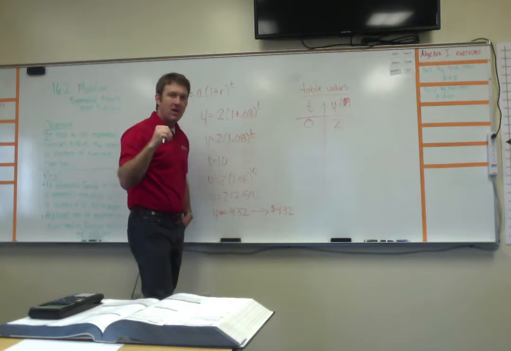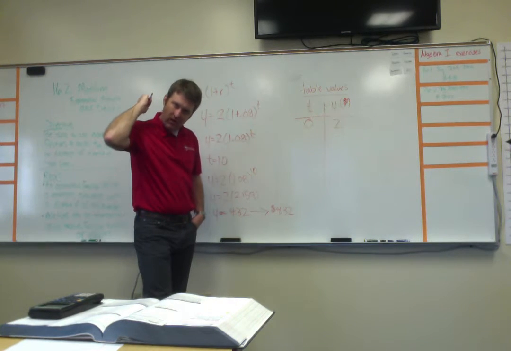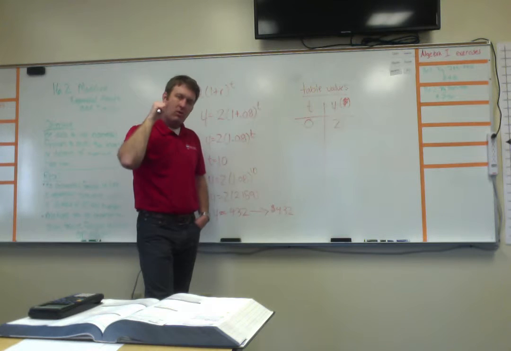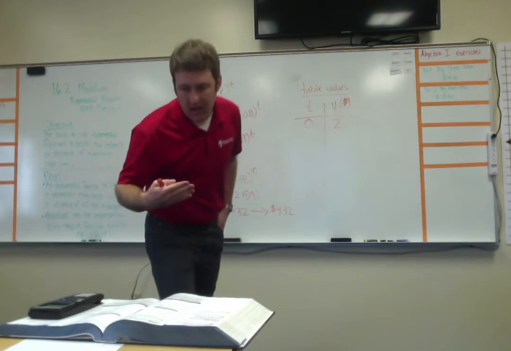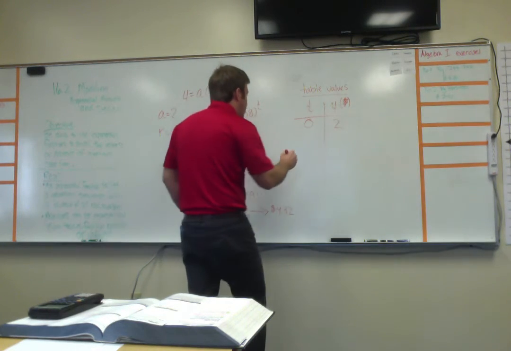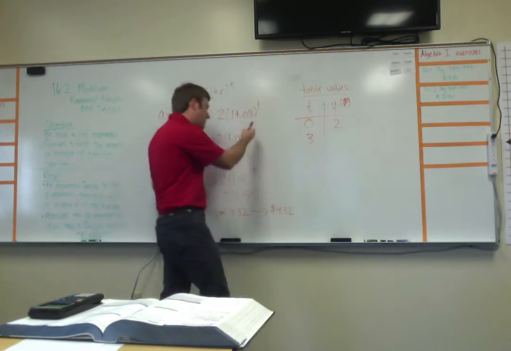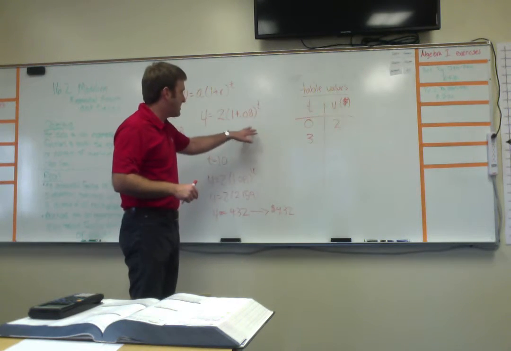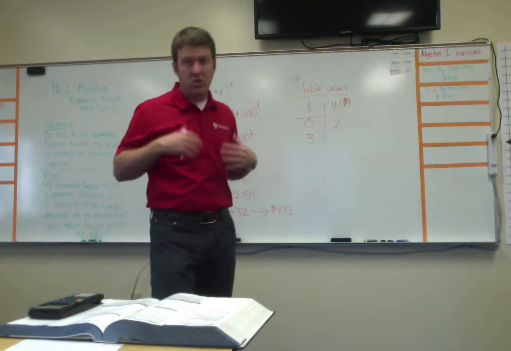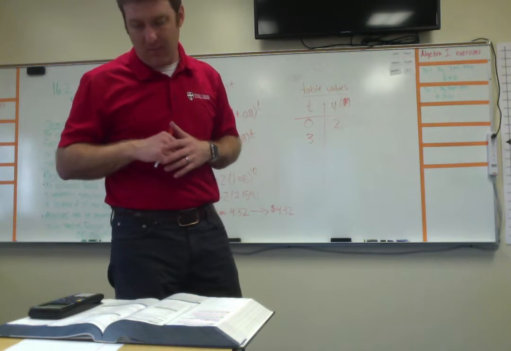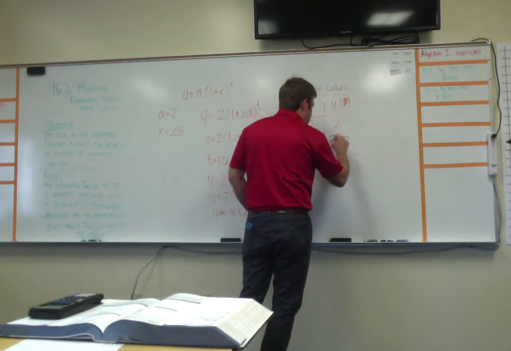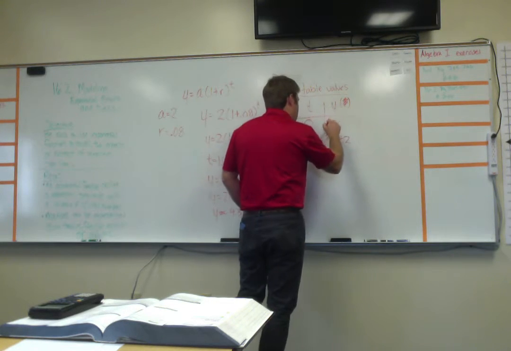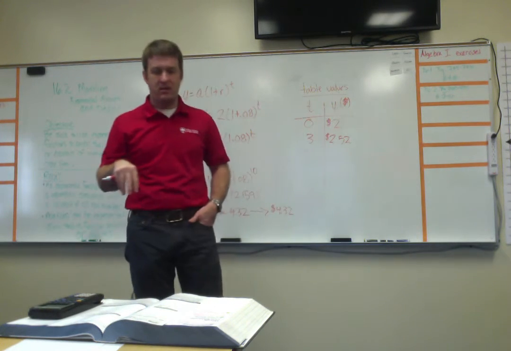So that means that when I first bought the card, when no time had passed, the value was $2. But then after 3 years, if I plug in 3 for t, 1.08 to the third times 2 tells me the price, and that price is $2.52. So in 3 years, it went up 52 cents.